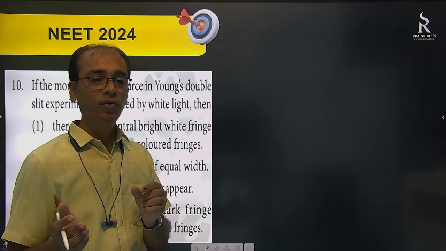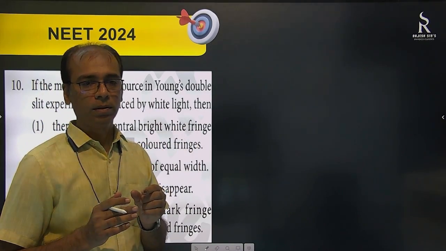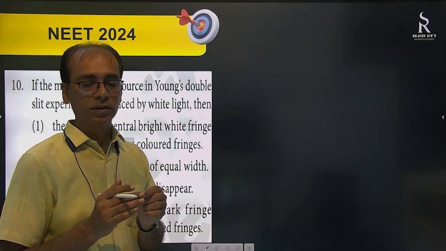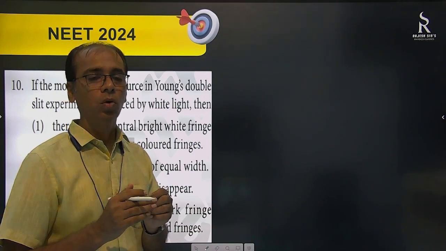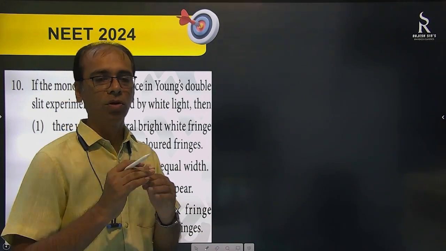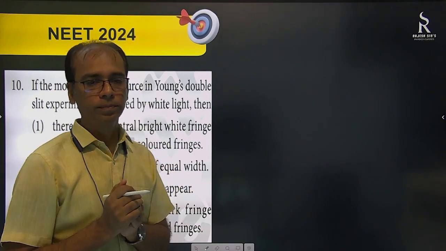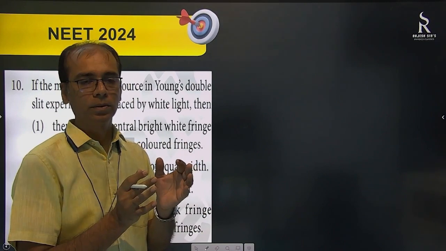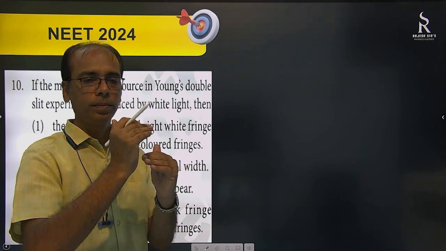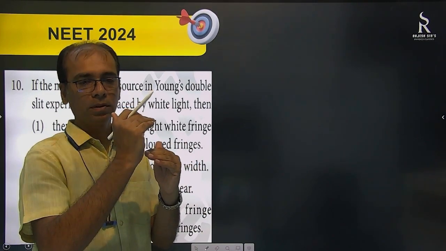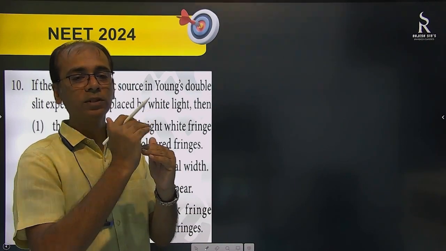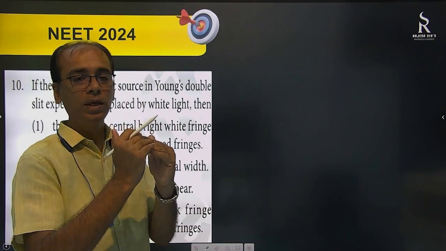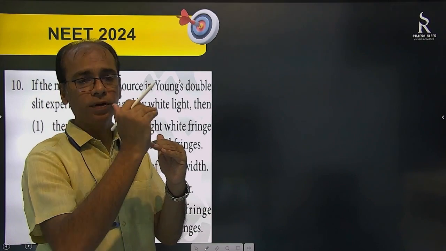Since lambda for each color is different, the path difference, phase difference, or eventually the position of the maxima of each color will be different. Central maxima is bright white. As you go, you are increasing the path difference, so every wavelength's path difference will come in a different way.